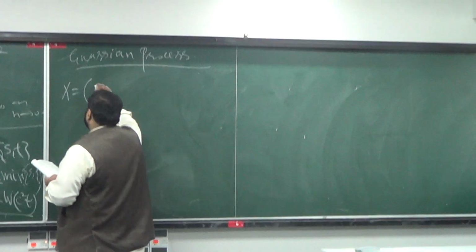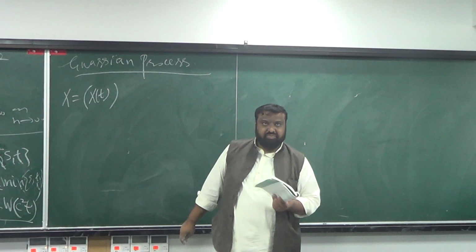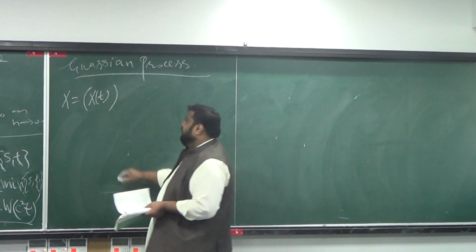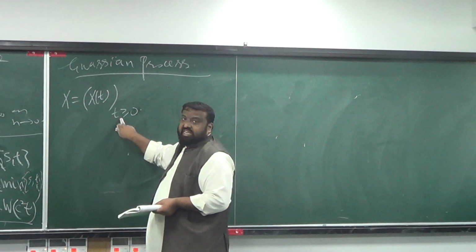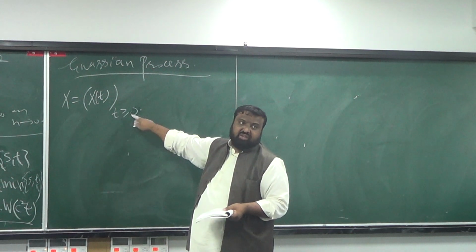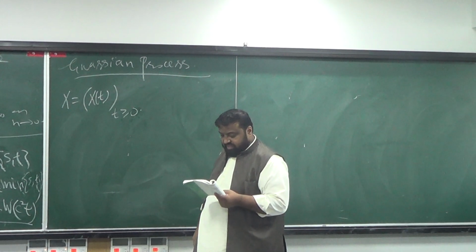So the process X of t, so it's a continuous time process. Okay. It's a continuous time process. So it does not take the value at discrete times, but it takes the value at all times. Okay.